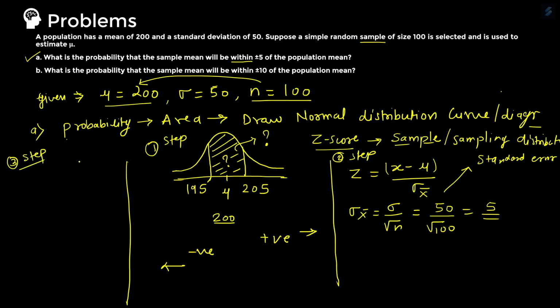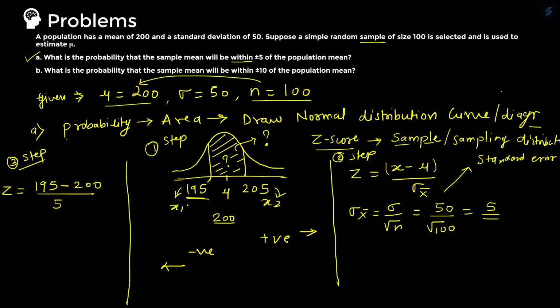So let's calculate the z-score. Z is equal to 195 minus 200 divided by sigma x bar, which is our 5. This is for x1, this is for x2.